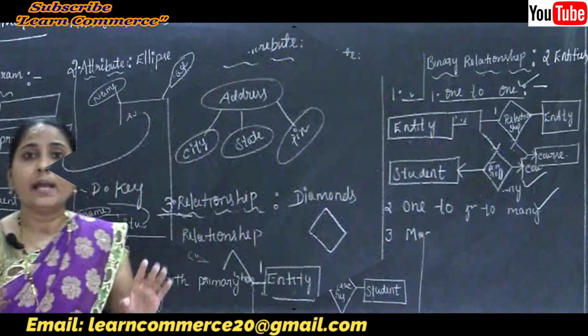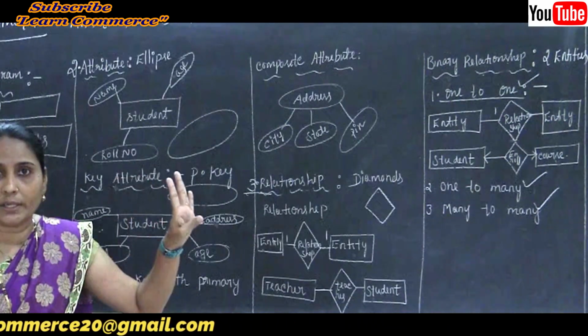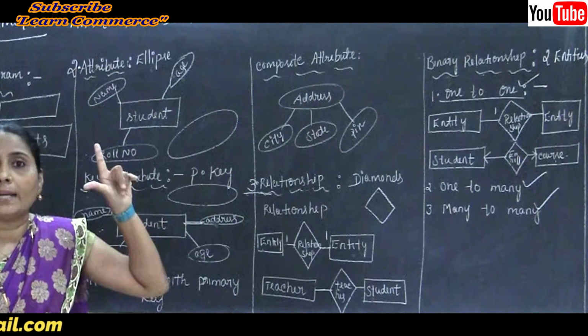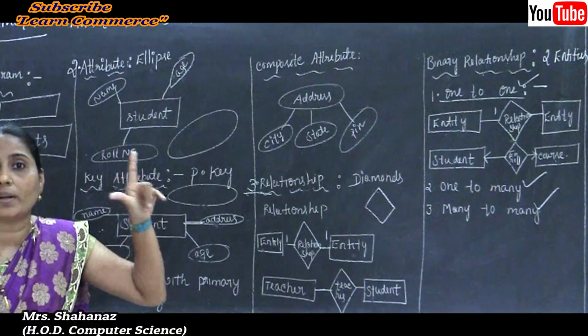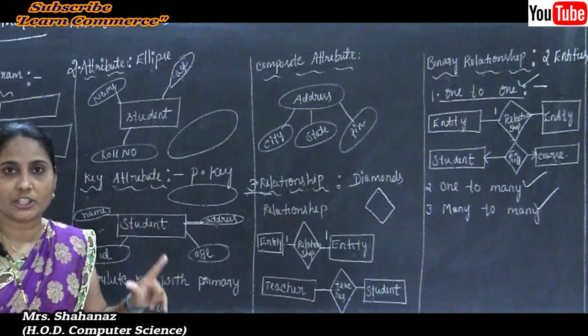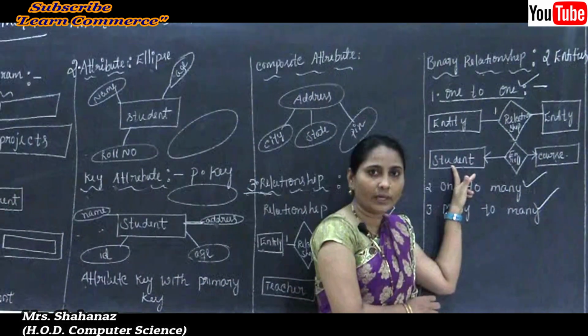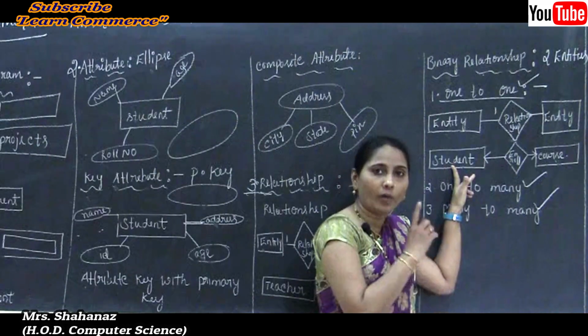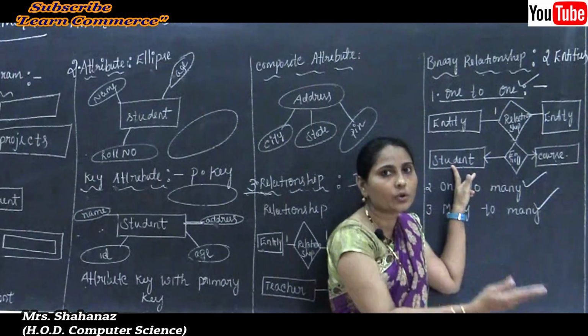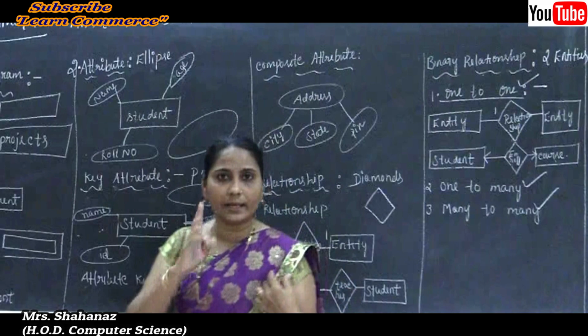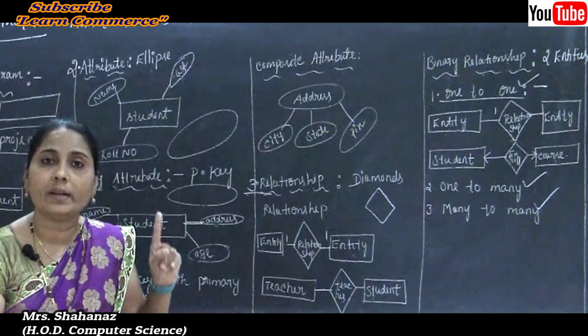That means just one student is there and one course is there, and the course will also have only one student. That is called the one-to-one relationship.